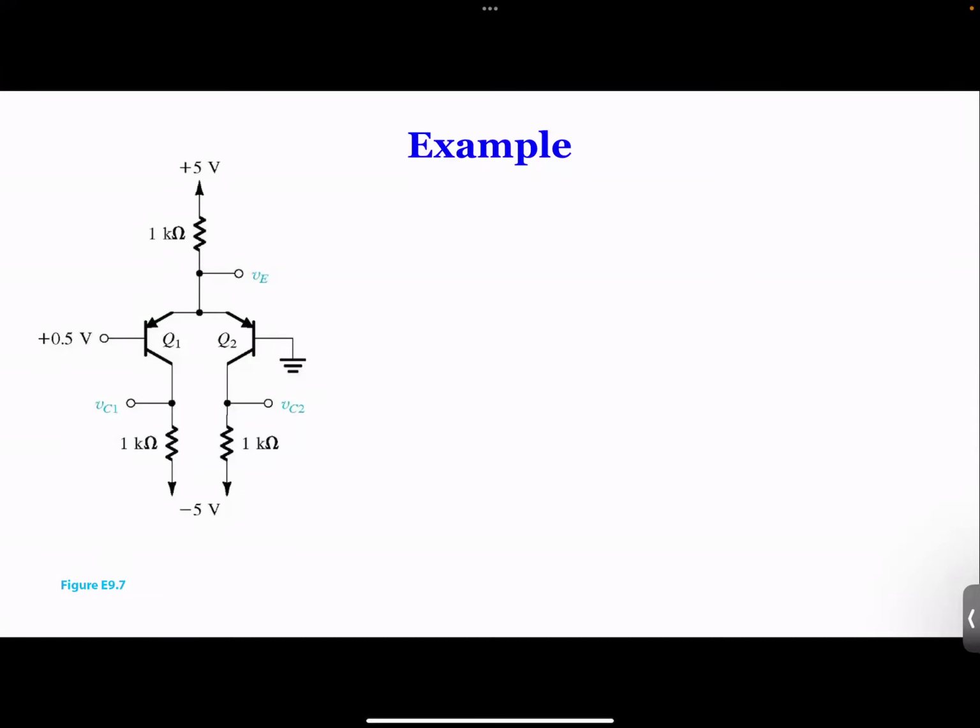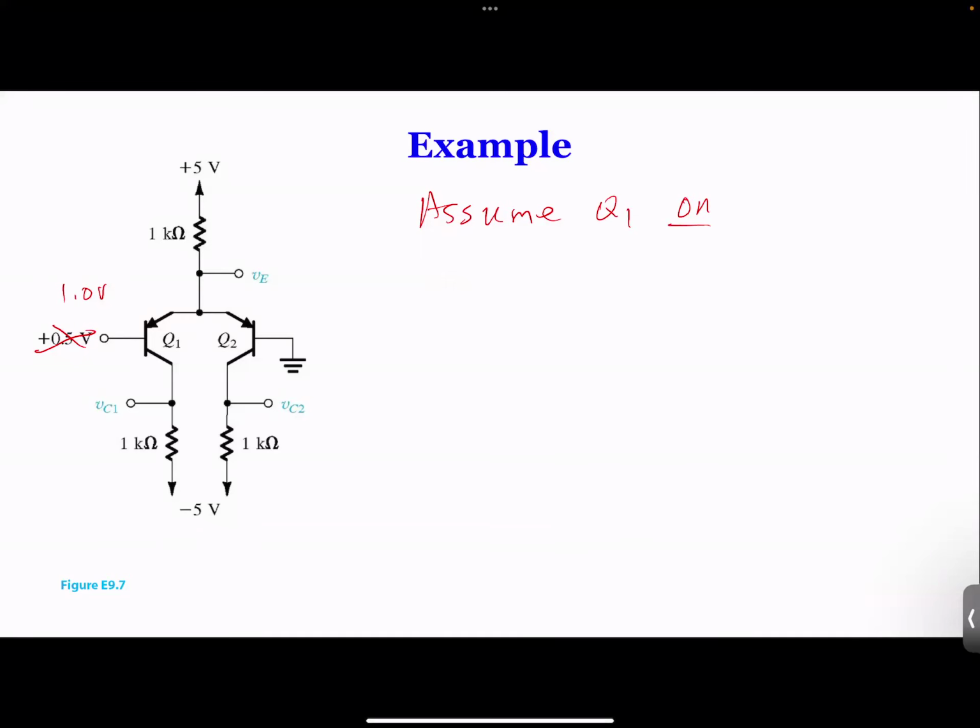Now, if this is 0.7 or more, you will know that this will be something like, well, we have to figure out which one is going to be conducting. So let's start with something like 1 volt instead. So we can assume, so this will be fair because I don't know which one is on. So we can assume Q1 is on.